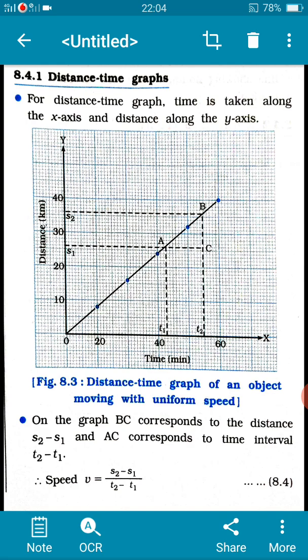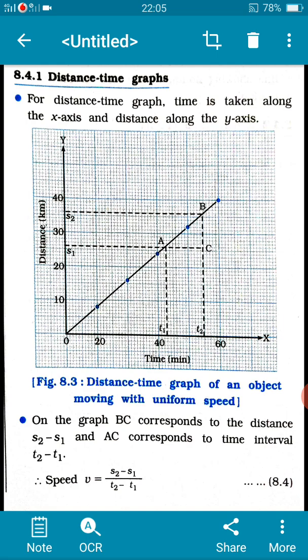And from the graph, we can see that as the object moves from point A to B, it covers a distance of S2 minus S1 in time T2 minus T1. Is that clear?